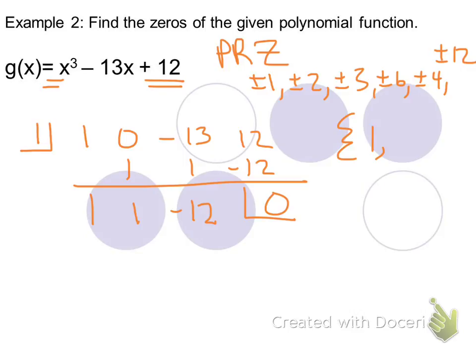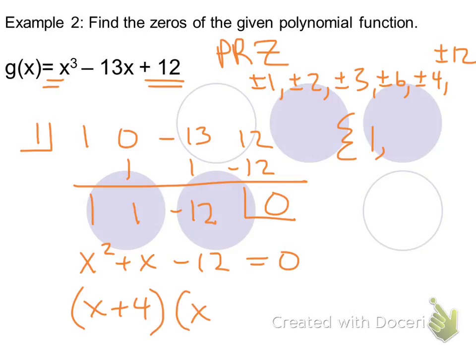The remaining polynomial that we have to work with is 1x squared plus x minus 12, and I want to solve that equation, see where that's equal to 0. I'll do that using a quadratic technique, in this case, factoring, right? So this will be x plus 4 times x minus 3 equals 0.